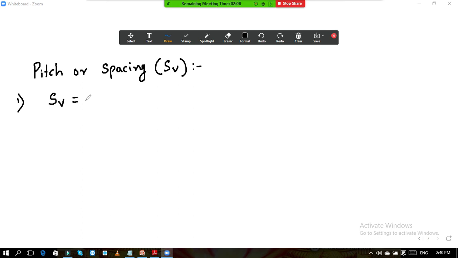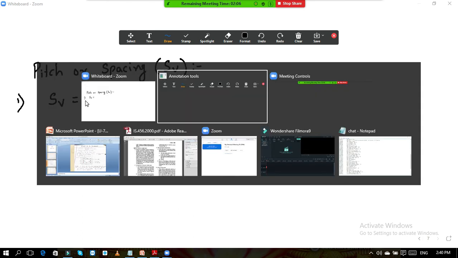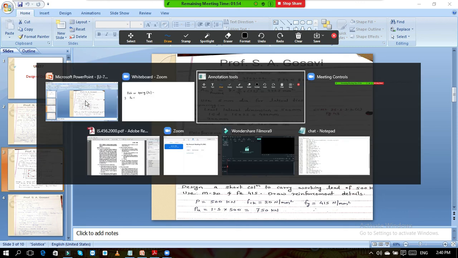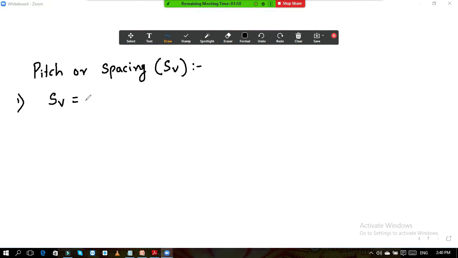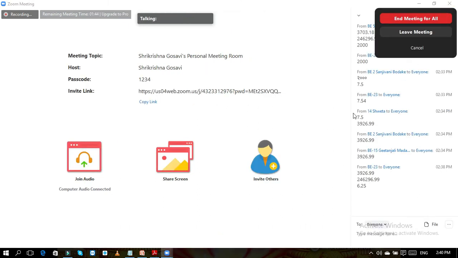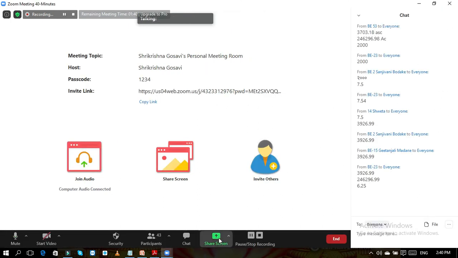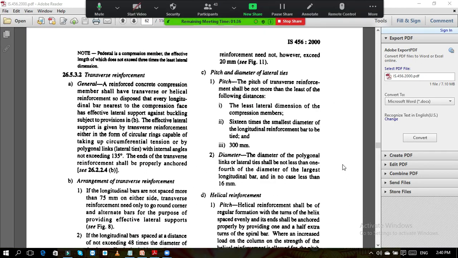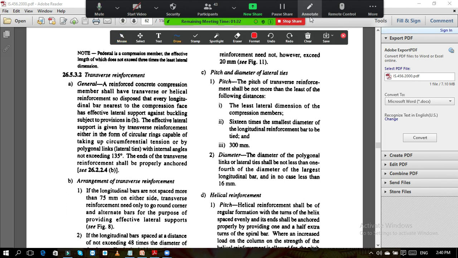How is Sv calculated? Again go to page number 48 of the IS code, and see what it says. Here in the IS code the same thing is given.